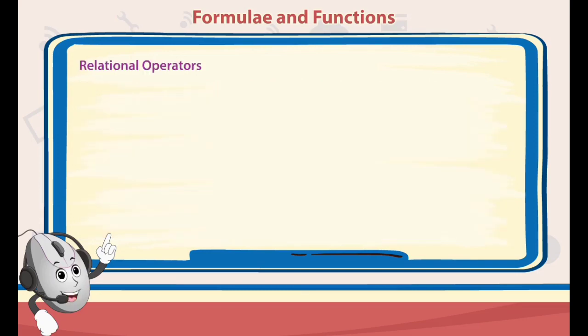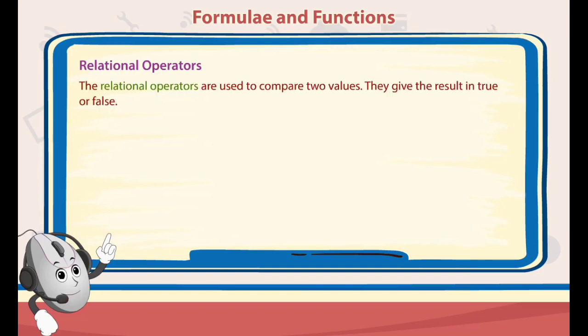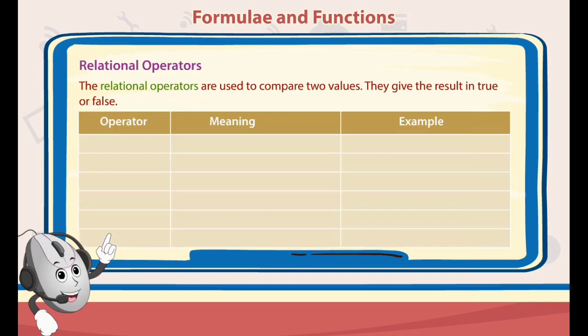Relational operators. The relational operators are used to compare two values. They give the result in true or false. Operator, meaning, example: equal to, 4 equal to 4. Less than, 10 is less than 50.